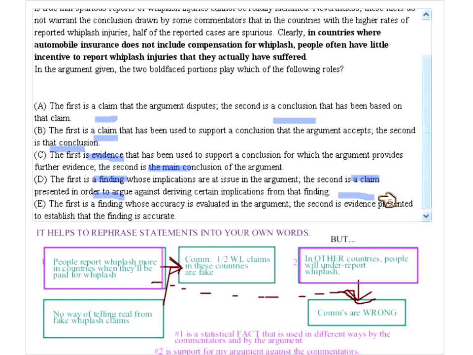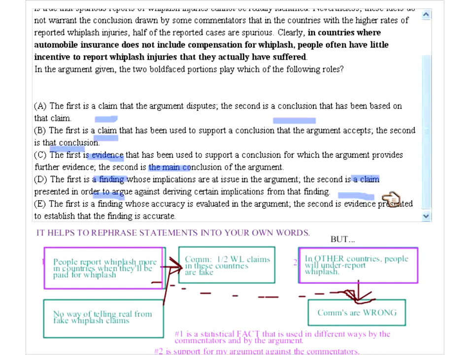Facts. There you go. Yeah, someone put data and stats. It doesn't have to be a statistic. For example, this guy has blood on his hands is not a statistic, but that could be evidence for having committed some crime. But, okay, right, evidence actually has to be facts.